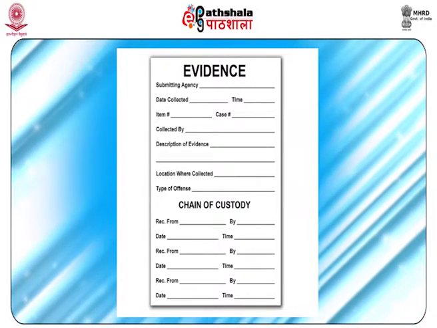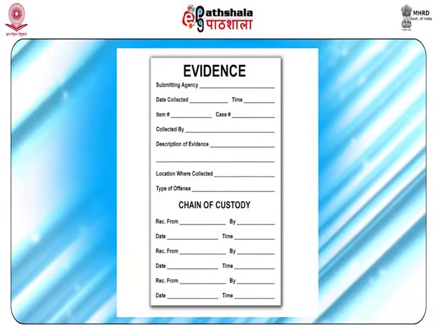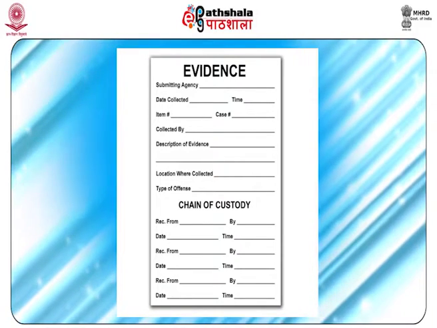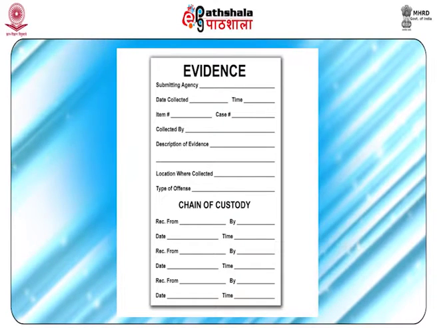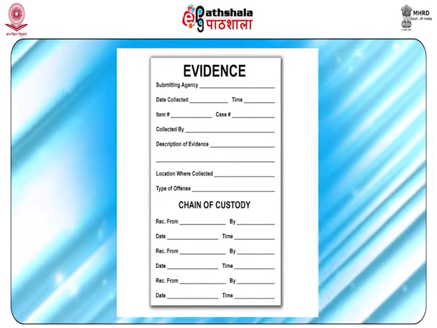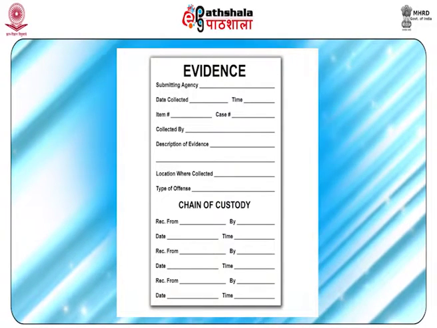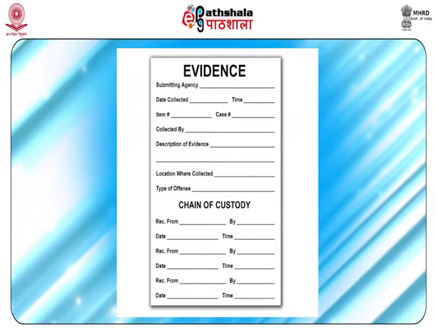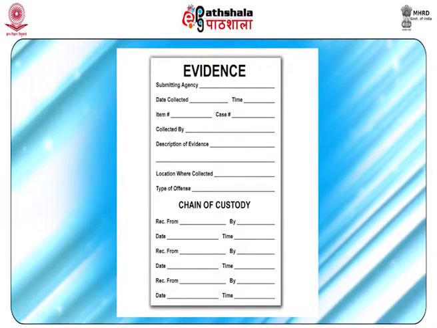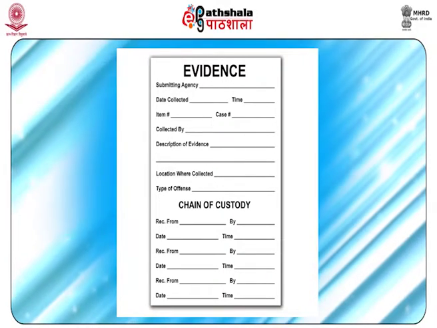A chain of custody is a document that maintains the record of all evidence from the point of its discovery at the crime scene to its recording and transporting to the lab for examination, and its temporary storage until it is finally submitted to the court.